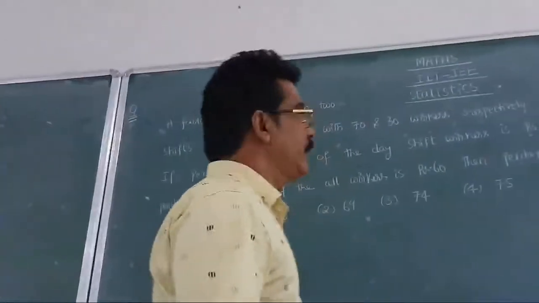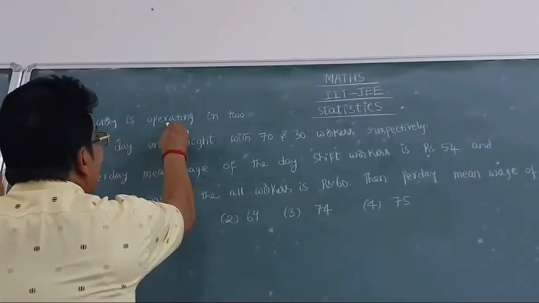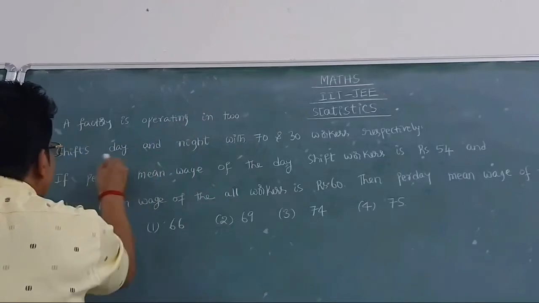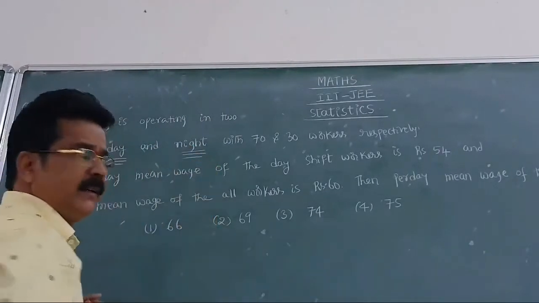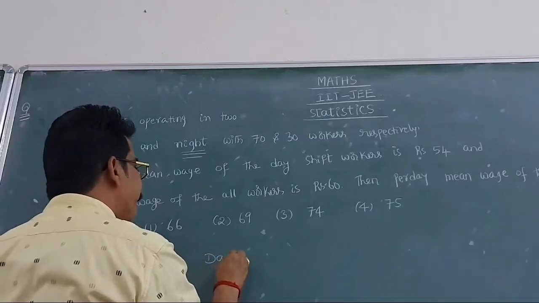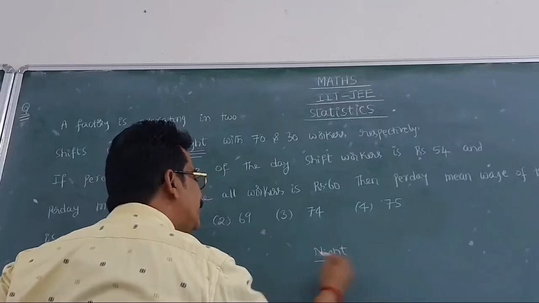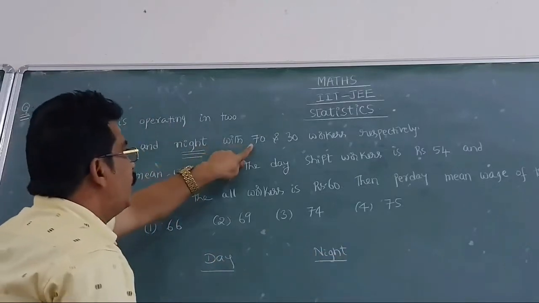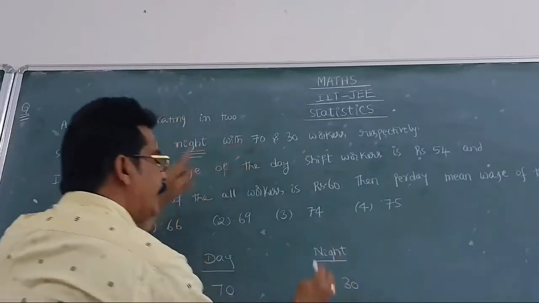This is the question. Here, a factory is operating in two shifts. First shift day, second shift night. This is the day. This is the night. How many workers are there? 70 and 30.